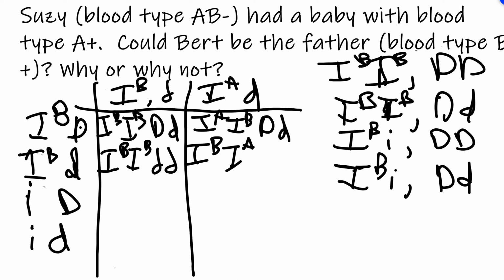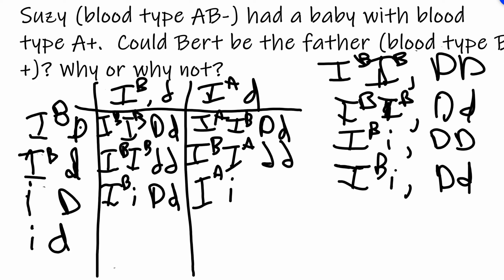IB, IA, little d, little d. So that's somebody who's AB negative. Okay. Moving on, we got IB, little i, big D, little d. That's somebody who's B positive. Here we've got IA, little i, big D, little d. Okay. That is type A positive.